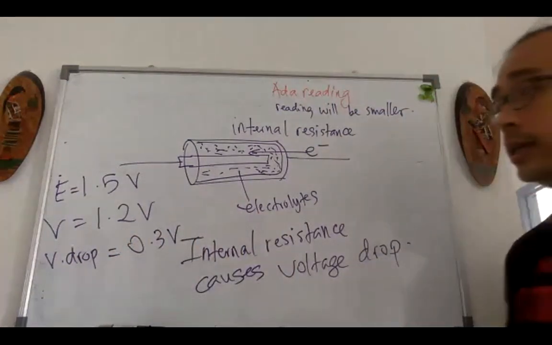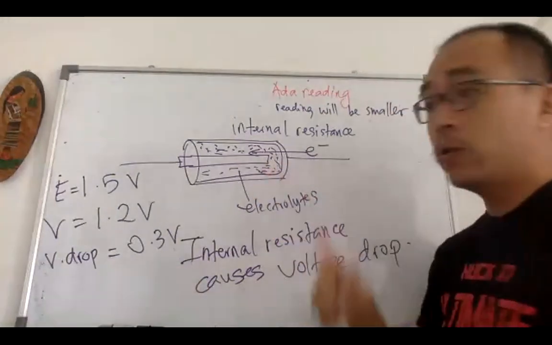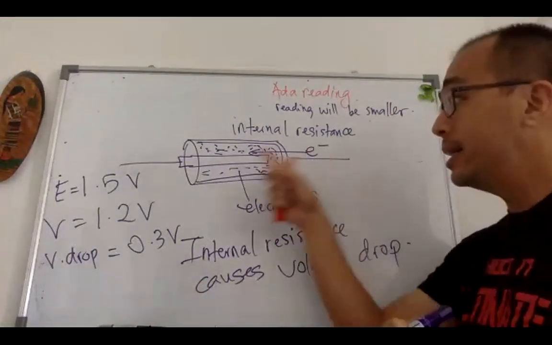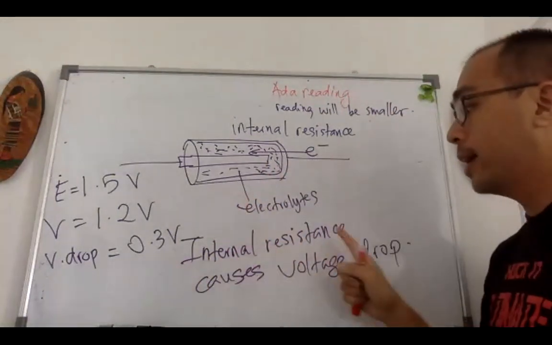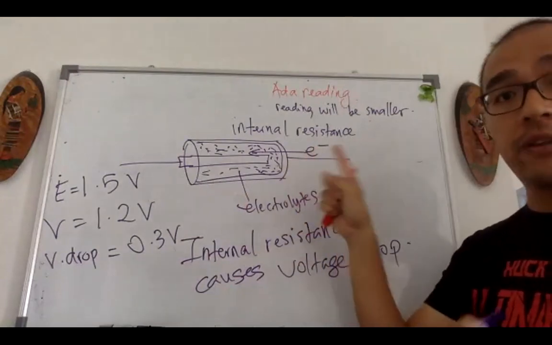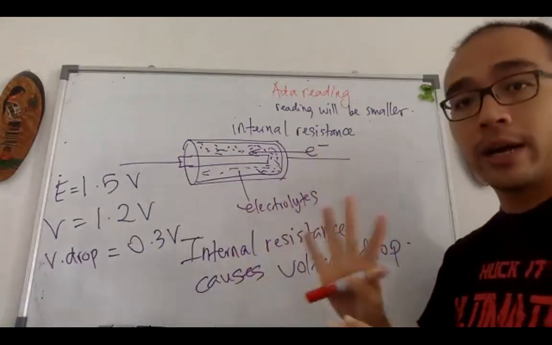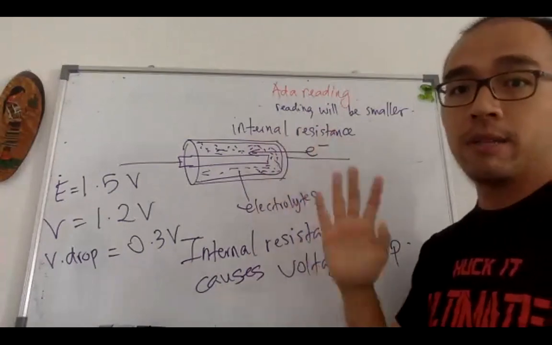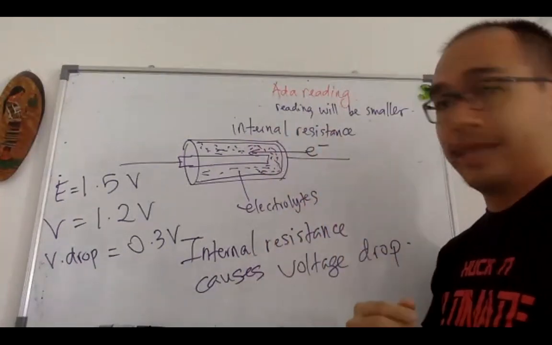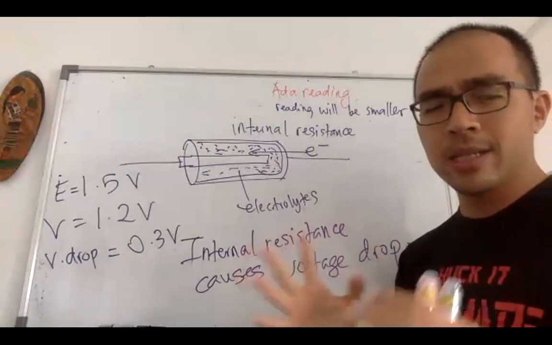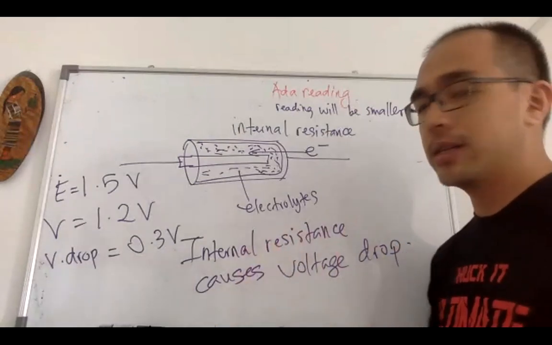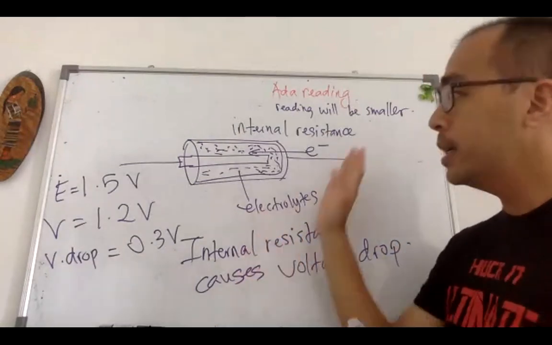If I know the voltage drop and the current flowing in the circuit, I can find the internal resistance of the battery. In a while we're going to cover all this calculation part, and I'm going to attempt to teach you a simpler way rather than just depend on the formula, because I feel the formula is too complicated.